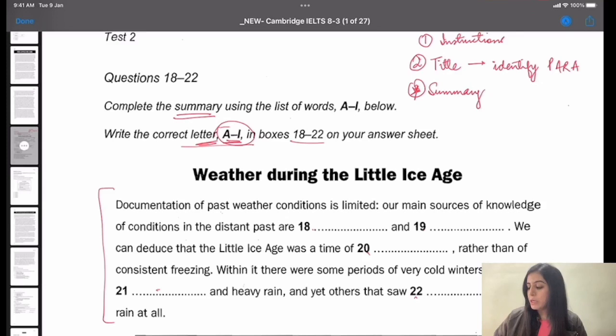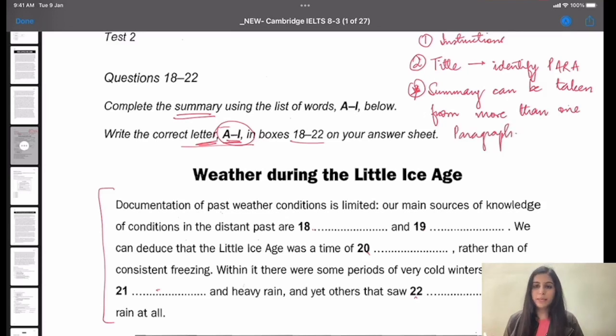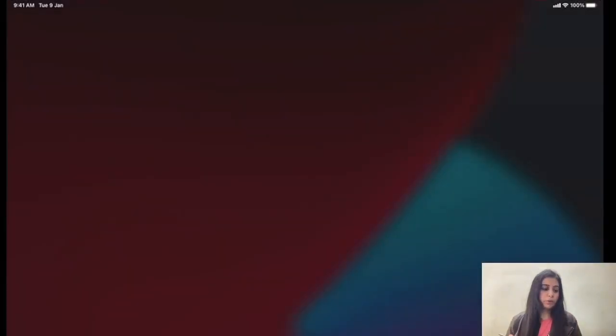A summary can be taken from more than one paragraph. Which basically means that the answers to questions 18, 19, 20, 21 and 22 could be in more than one paragraph. It could be in 2 paragraphs, it could also be in 3 paragraphs. So please be prepared, don't just stick to one paragraph alone.